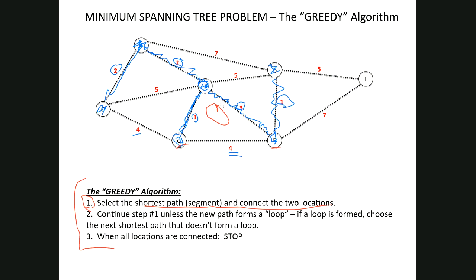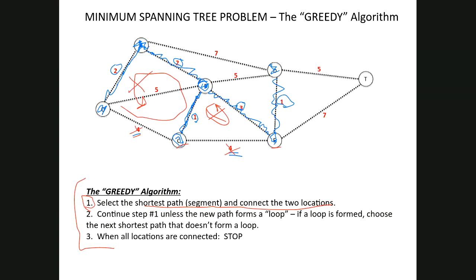So we definitely don't want to use this length of 4. So what about the next length of 4? Hopefully you can see that if we connect this path of length 4, then there's going to be a loop here. And so we don't want to do this. We won't use this path.